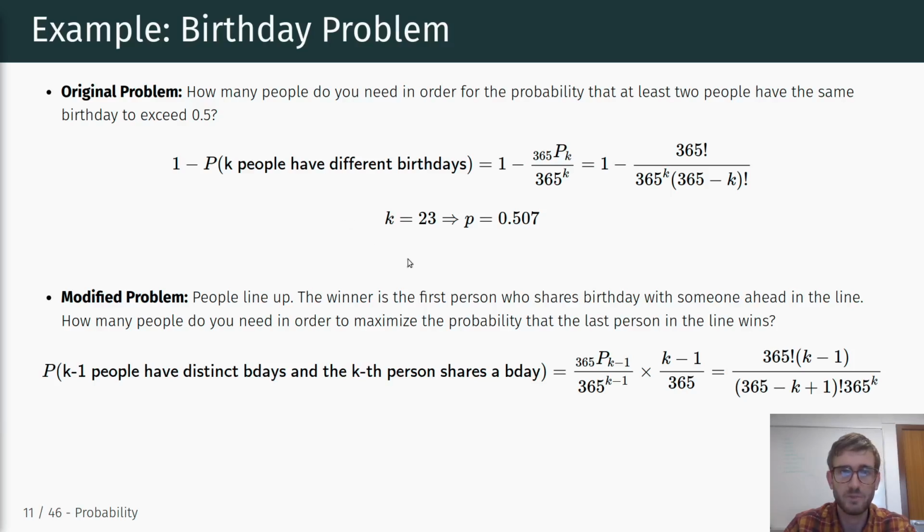The first part is similar to what we already computed, now with k minus 1 people having different birthdays, so that's 365 permute k minus 1 divided by 365 to the power of k minus 1. Then this has to be multiplied by the probability that the kth person shares a birthday with one of the other people, and that's k minus 1 divided by 365. We can then rearrange this, multiply this out, and we end up with this formula.